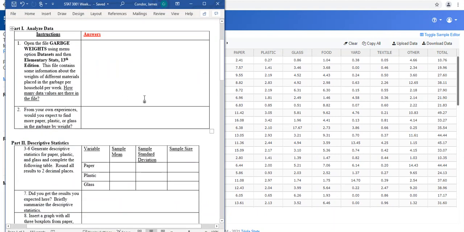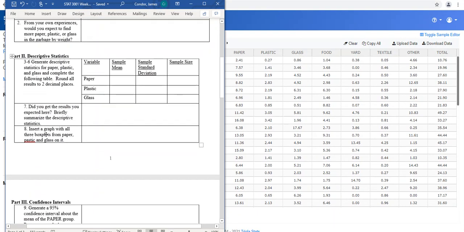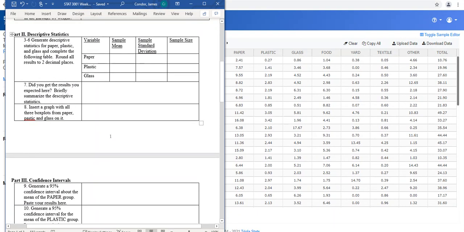Now descriptive statistics, let's take a look at that. It says generate descriptive statistics for paper, plastic, and glass, and complete the following table. We need to find the sample mean, sample standard deviation, and the sample size.